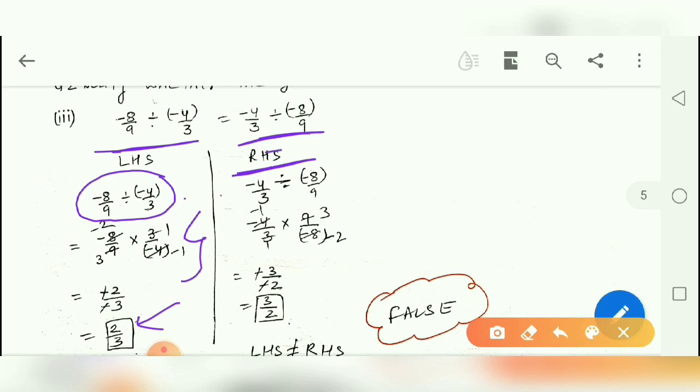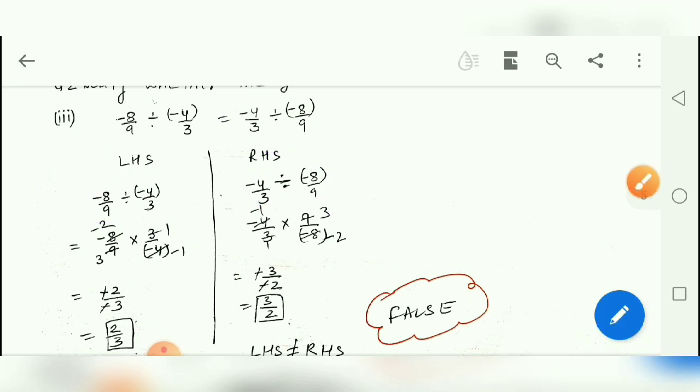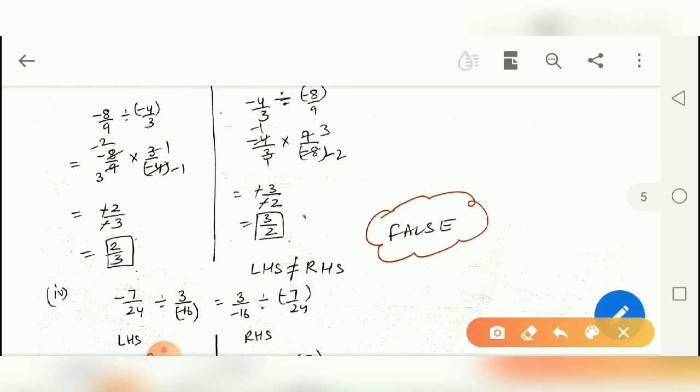So negative 4 by 3 is divided by negative 8 by 9. So we will take the reciprocal of this. The division sign is converted into multiplication. Now we will do the calculation by cancelling, and we get the answer 3 by 2. Again the left hand side is not equal to right hand side. So this statement is false.